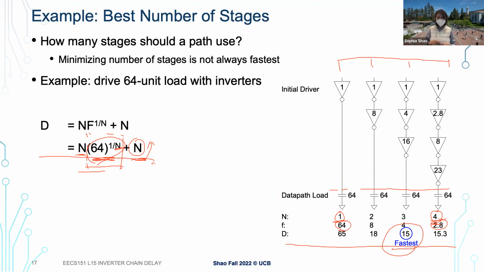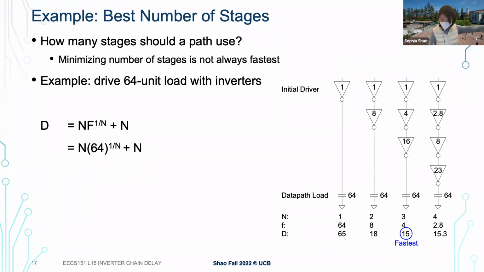Related to this, you may notice here in this fastest design, the F, the fan out factor, is 4. This fan out factor is 4. You may also notice it's less popular these days.